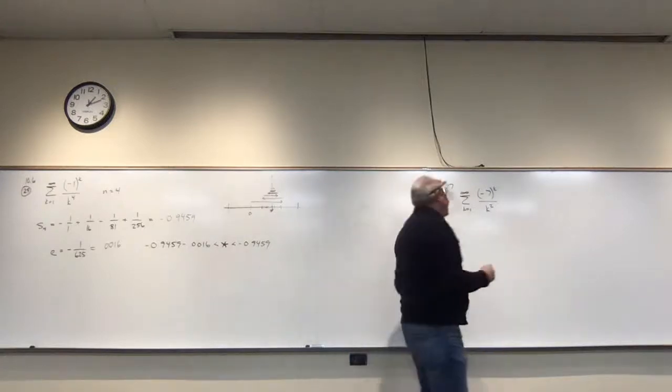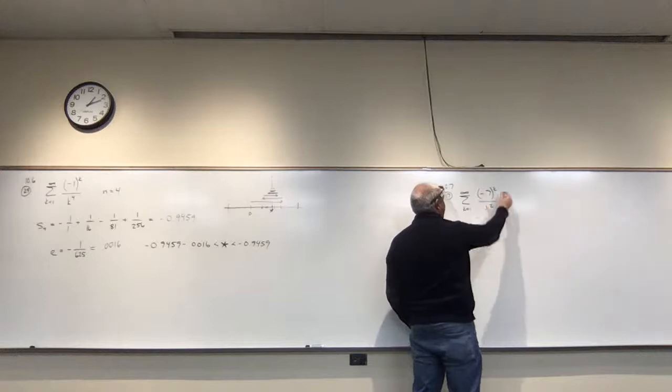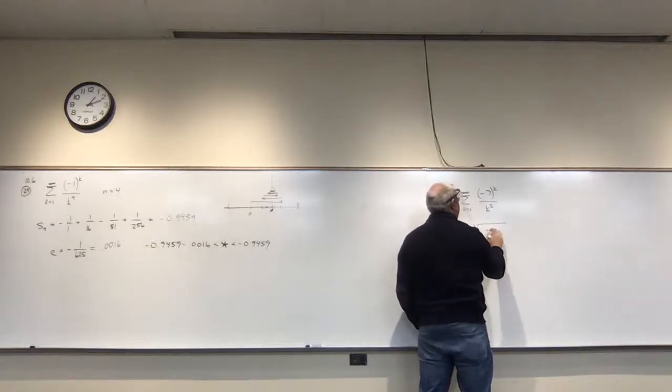So what the root test tells me to do is take the limit as k goes to infinity of the kth root of this guy without the summation. So take the kth root of -7 to the k divided by k squared.